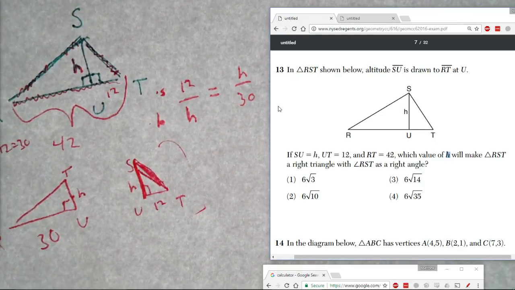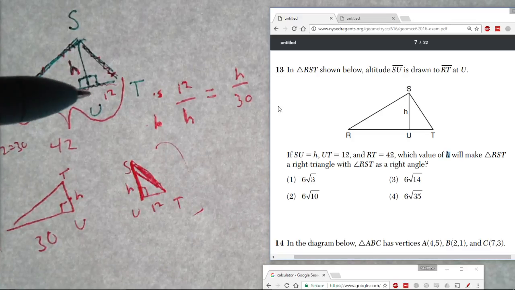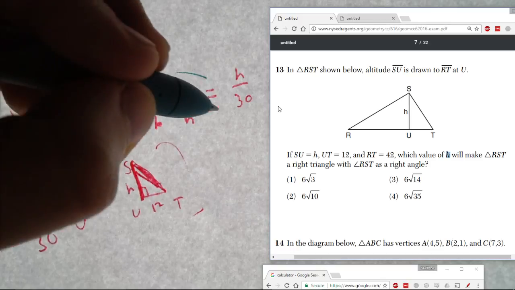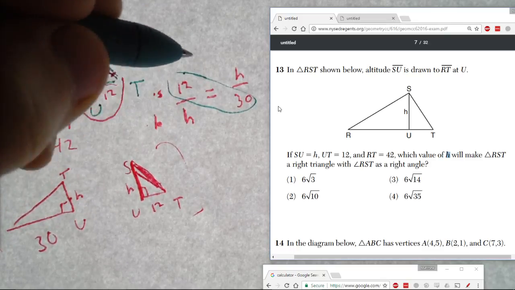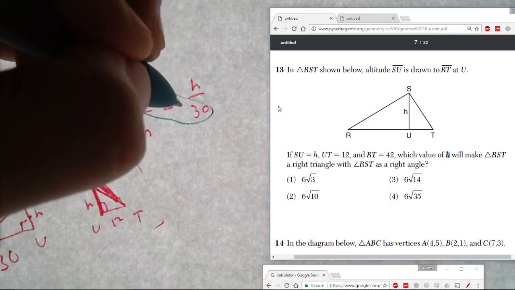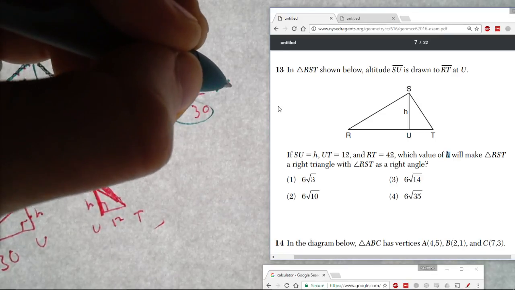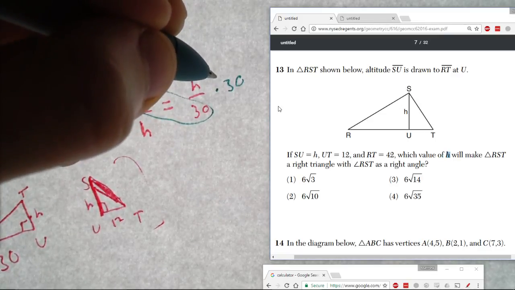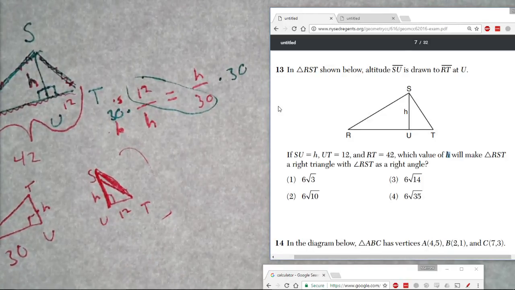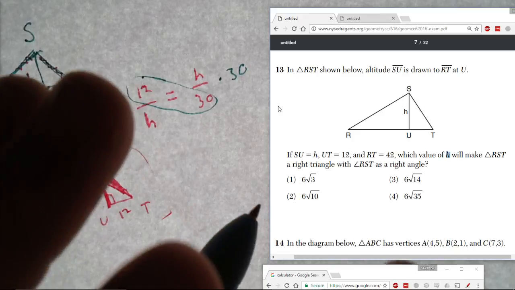And so now let's go ahead and do this. I'll do my cross multiplication. Ugh, I don't like doing cross multiplication. I'm not putting that on the internet. Let's do this instead. I can multiply by 30 on this side, and if I multiply by 30 on this side, I have to multiply by 30 on this side. That's just algebra. It's not some weird magical trick.